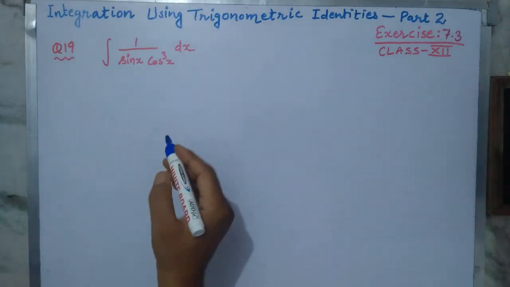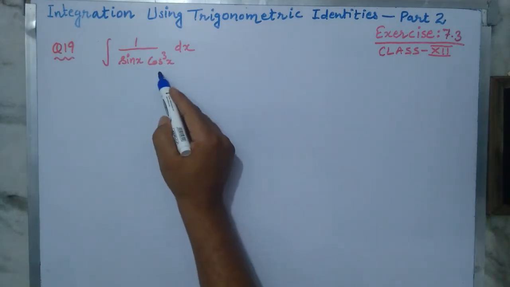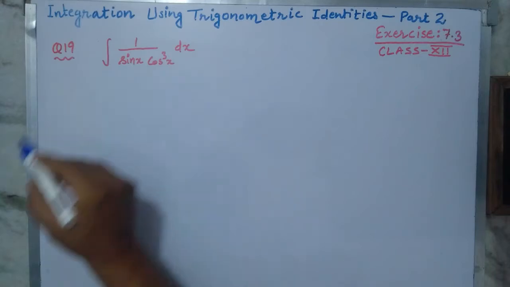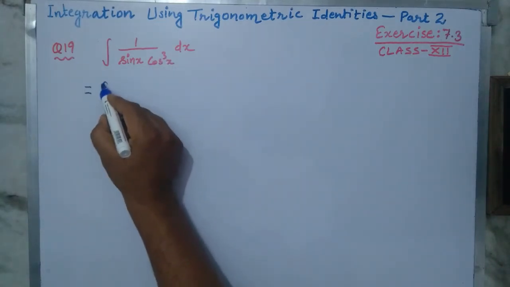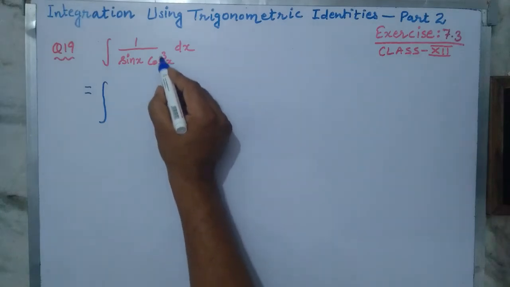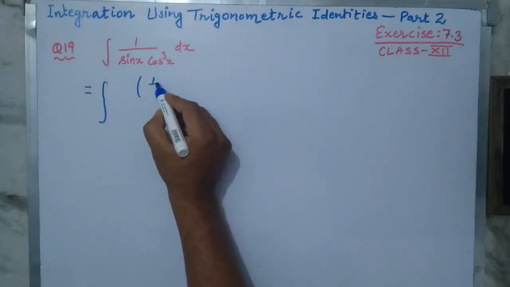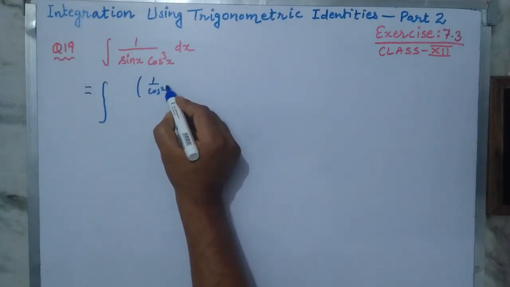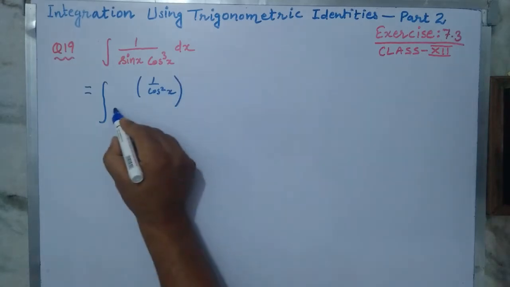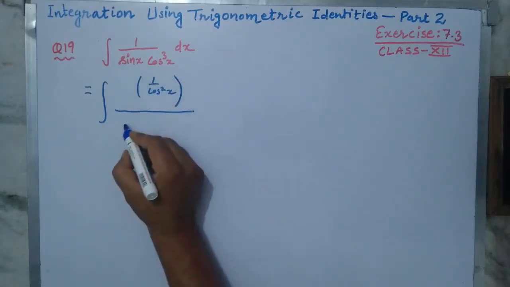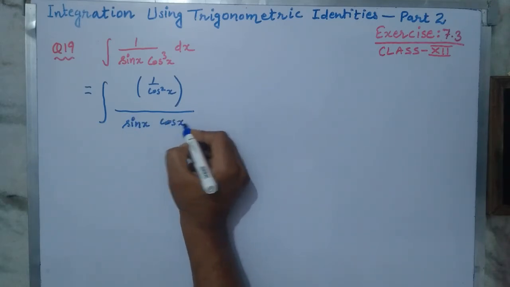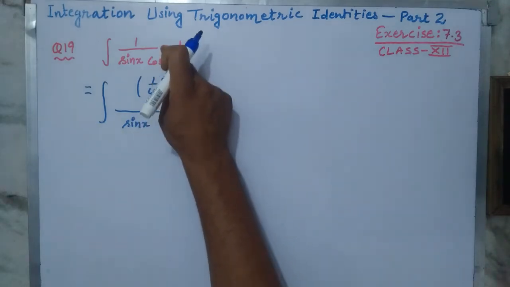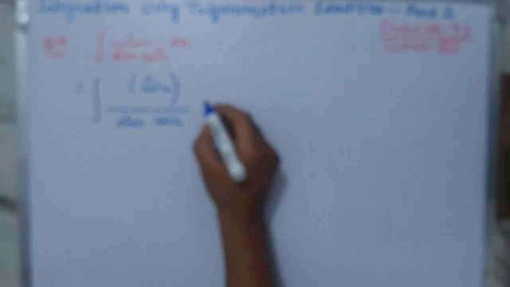Question number 19 is integration of 1 upon sin x into cos power 3x into dx. So first of all, we write this equal to, taking 1 upon cos square x, the denominator left now is sin of x into cos of x, because out of cos power 3x, cos power 2x is taken in the numerator.